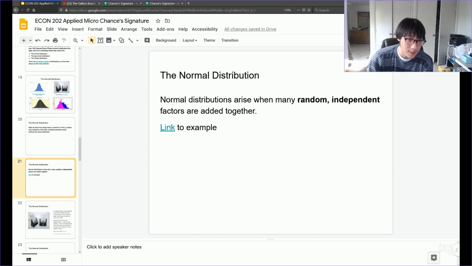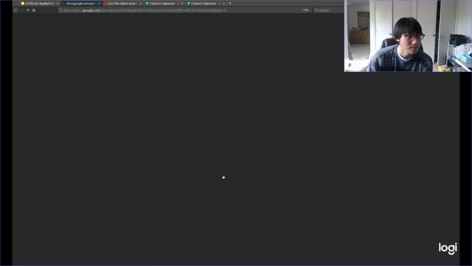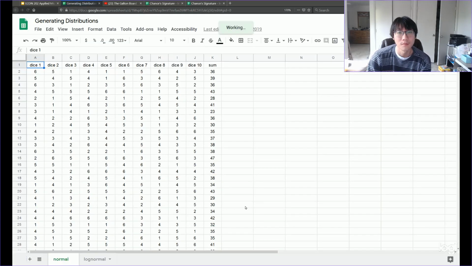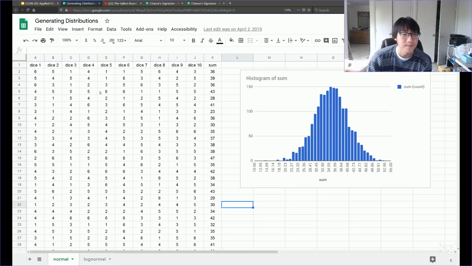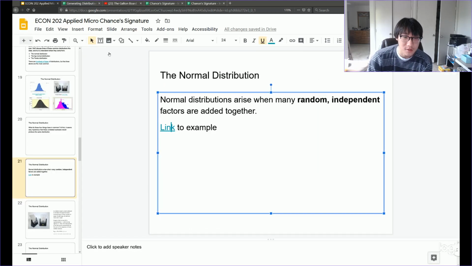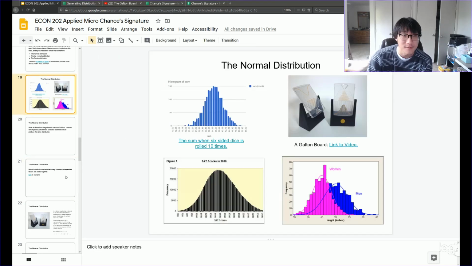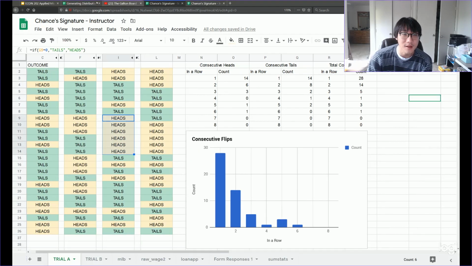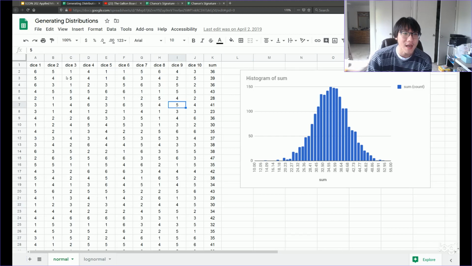So, for example, over here I have how I got that first normally distributed plot. This is some data that I generated. I had the computer roll a bunch of dice for me. You see, the computer here has rolled a six-sided dice 10 times.